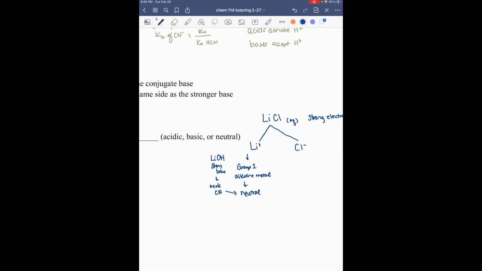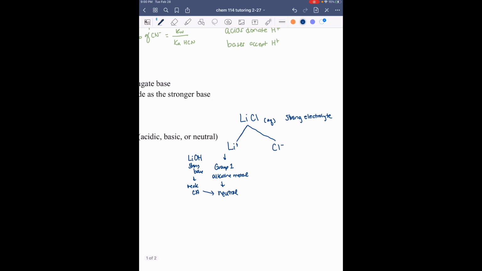So you can think of it either way. And then for chloride ion, the acid form would be HCl, which is a strong acid. So that conjugate base is weak, because remember, it can't be good at both things. So it's neutral. And a neutral plus a neutral equals neutral.